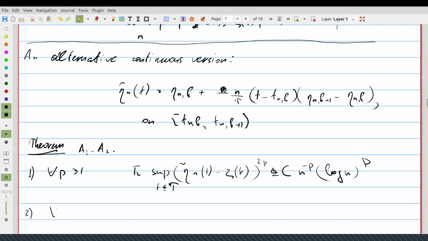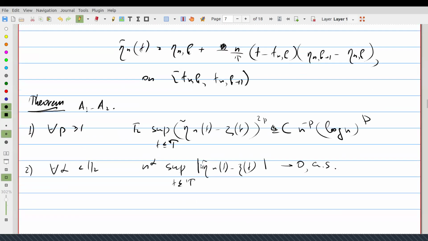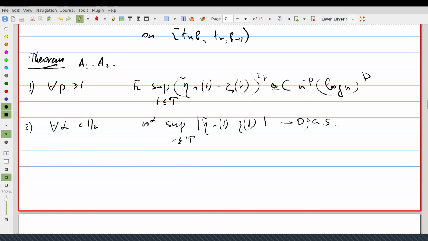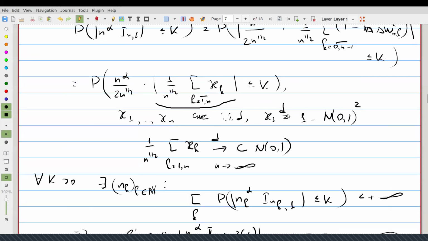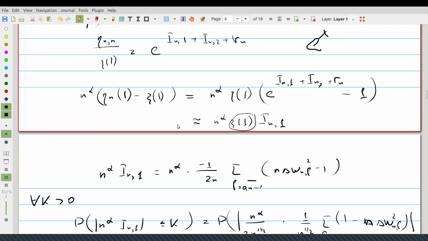And the second part, for any alpha greater than 1/2, while it works in the mean square sense or in L^p sense, it's still the same almost surely, because this logarithm is not going to affect all the calculations we did on this last step much.